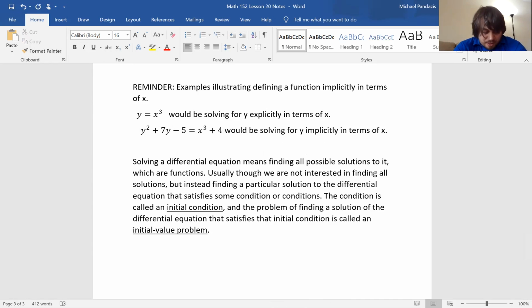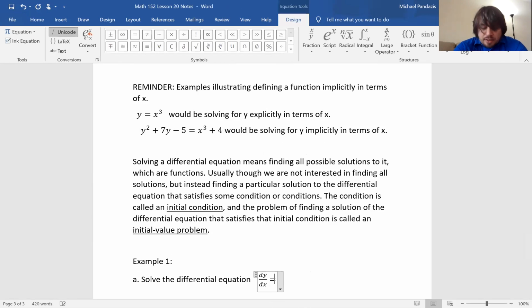Okay. So now let's do an example. Example 1. For part A, solve the differential equation dy/dx is equal to x squared over y squared.